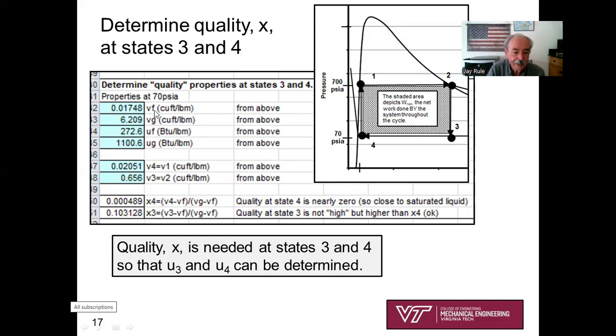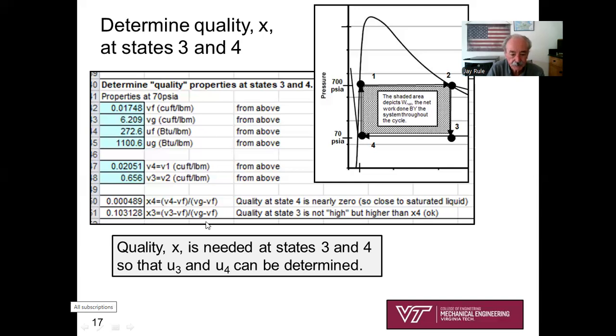I've written down at 70 psi my VF and VG values. There they are. I've written down V3, 0.656. So how do I get X3? How do I get X3?